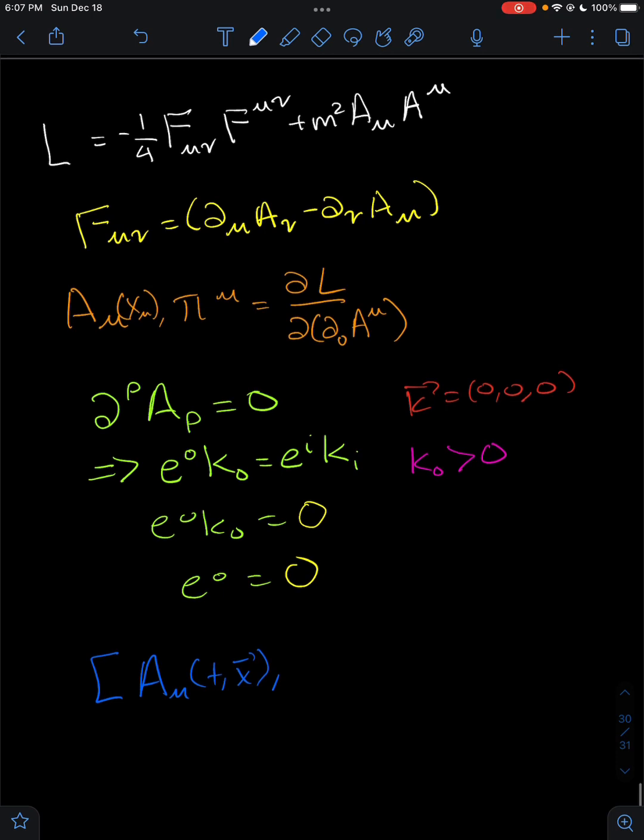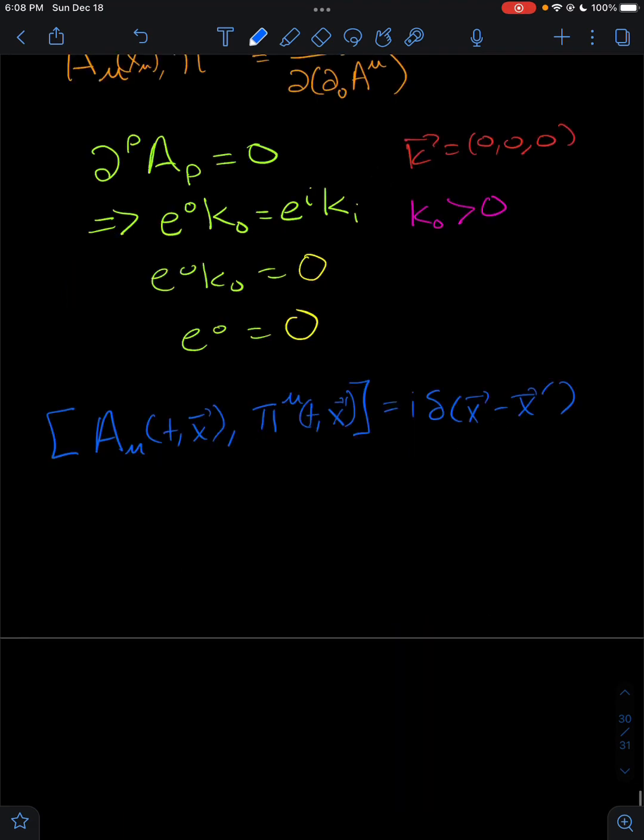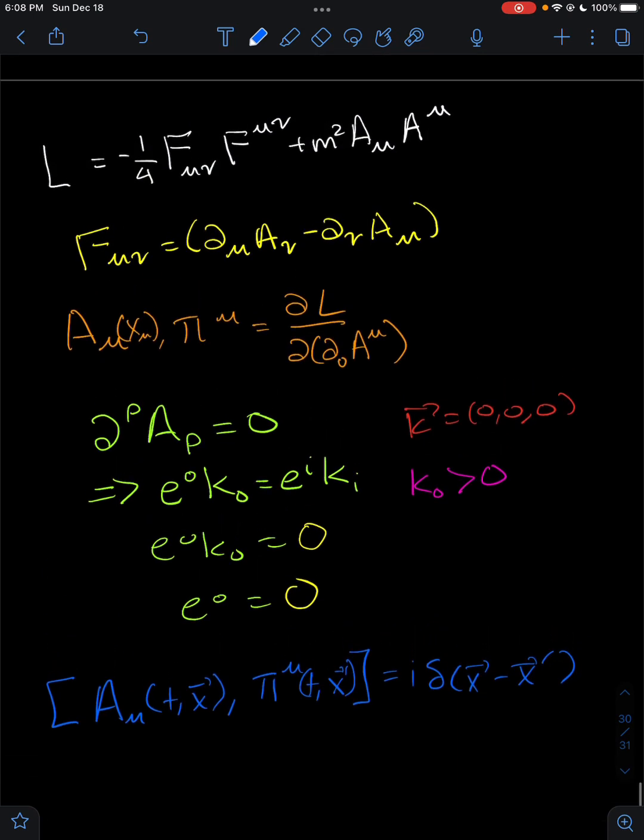Then we want to set up a commutator between that dynamical variable and the momentum conjugate, and we define this relation as being i times delta of x minus x prime. The conjugate density, to remind you, is defined as the partial derivative of the Lagrangian with respect to the time derivative of our potential.